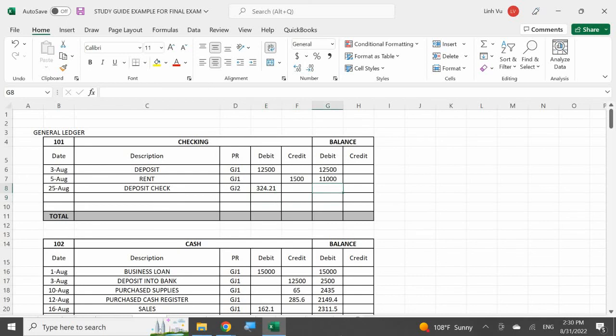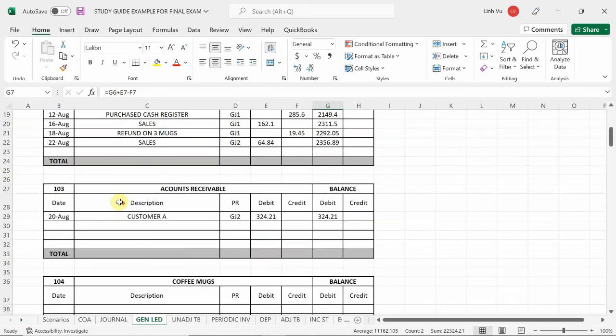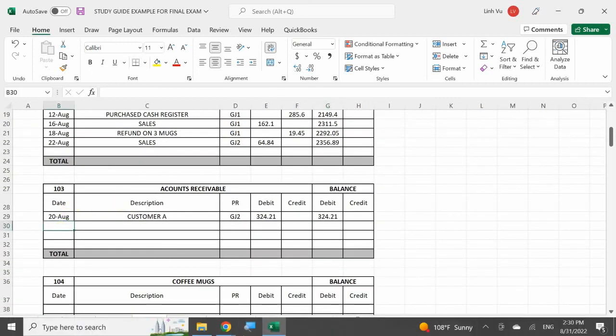So how much money should I have in my checking account? $11,324.21. Good.